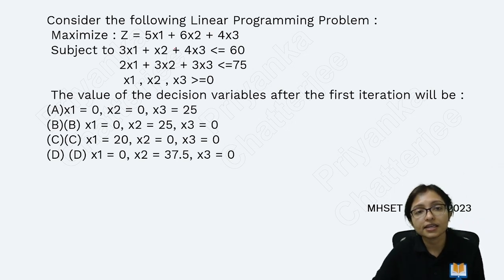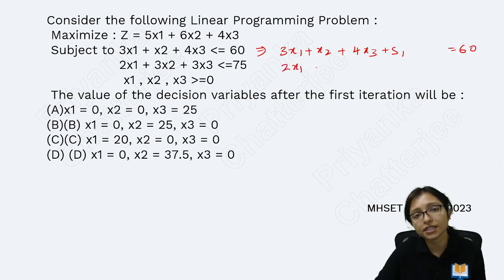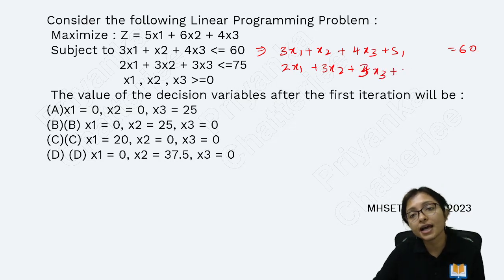Here we can see that I have to convert it this way. 3x1 plus x2 plus 4x3 plus s1, this is the new variable, equals 60. Here I have to take 2x1 plus 3x2 plus 3x3 plus 0 s1, because s1 here I took.